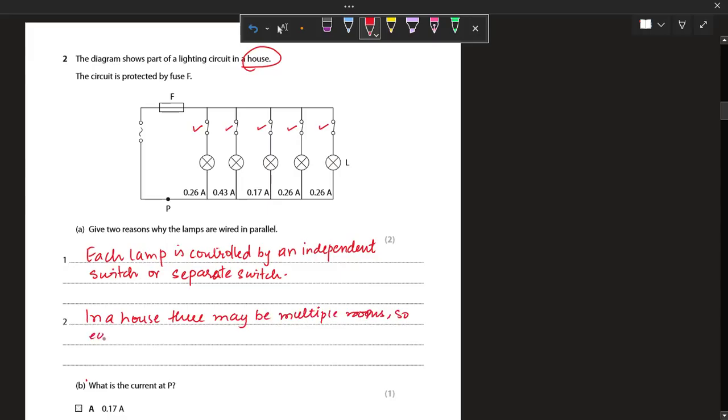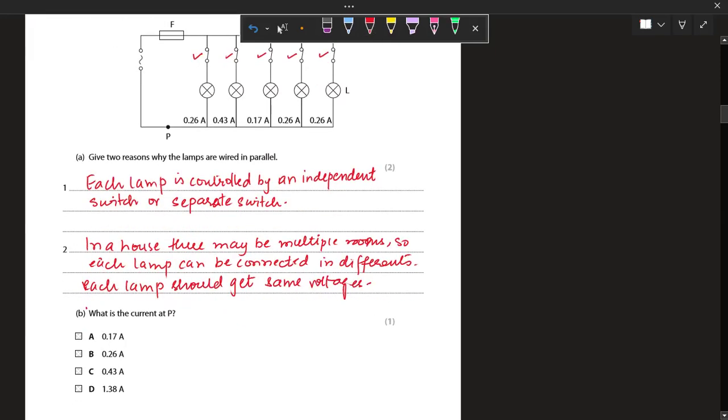So each lamp can be connected in different rooms, right? Clear? Each lamp should get the same voltage. Clear? Any question, any confusion here?